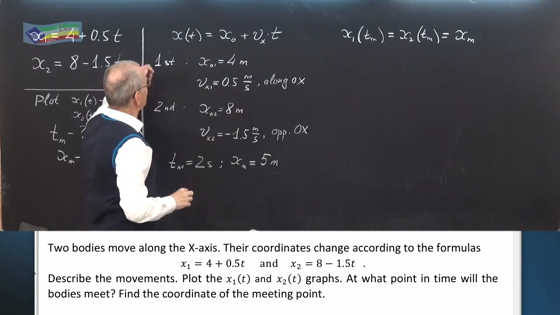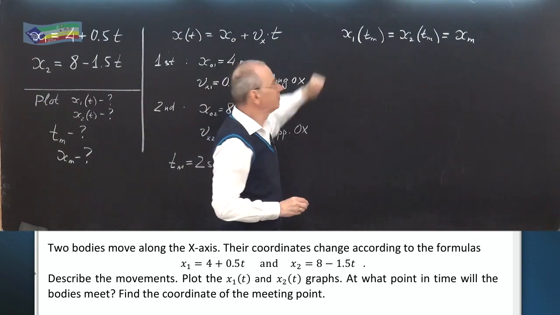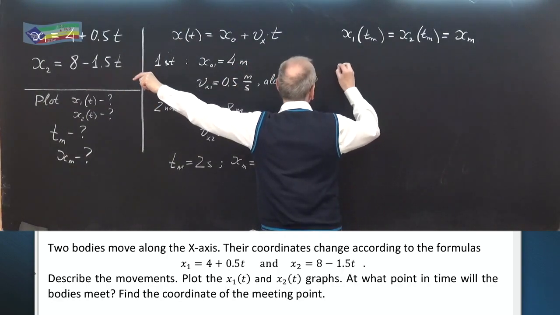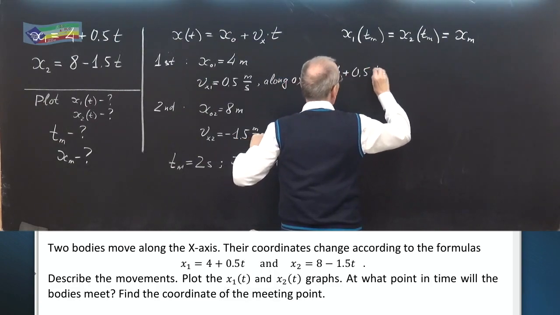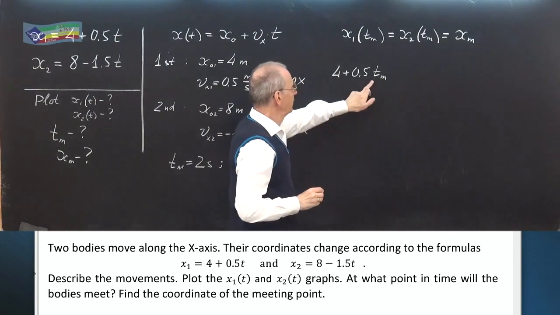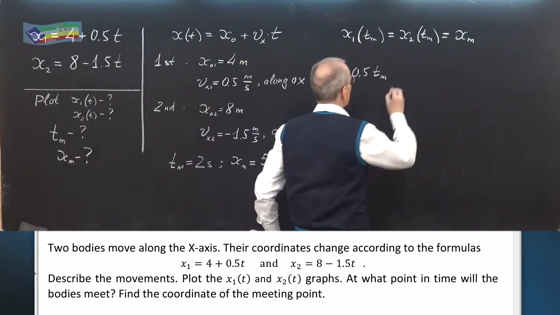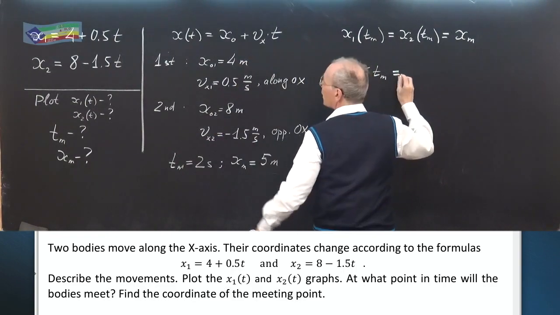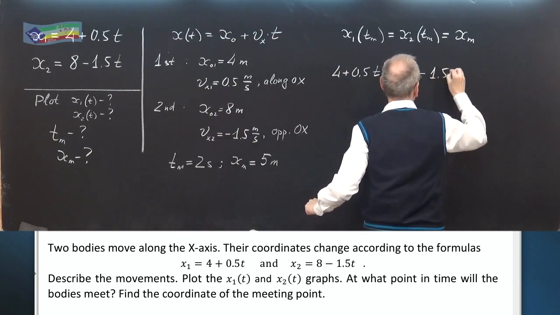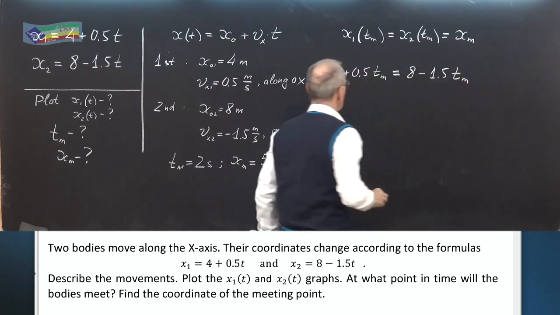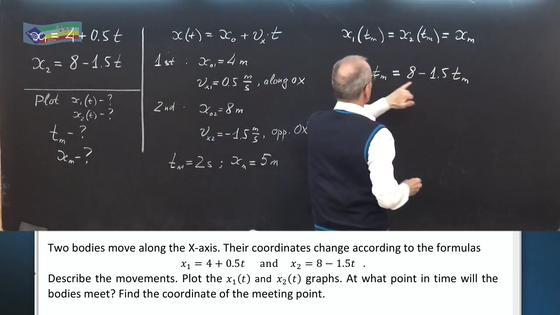Now let's substitute these two formulas into the meeting condition. We have 4 plus 0.5 Tm, paying attention, not t, but Tm, time of meeting, equals 8 minus 1.5, also Tm. We have an equation, and let's find the solution of this equation.